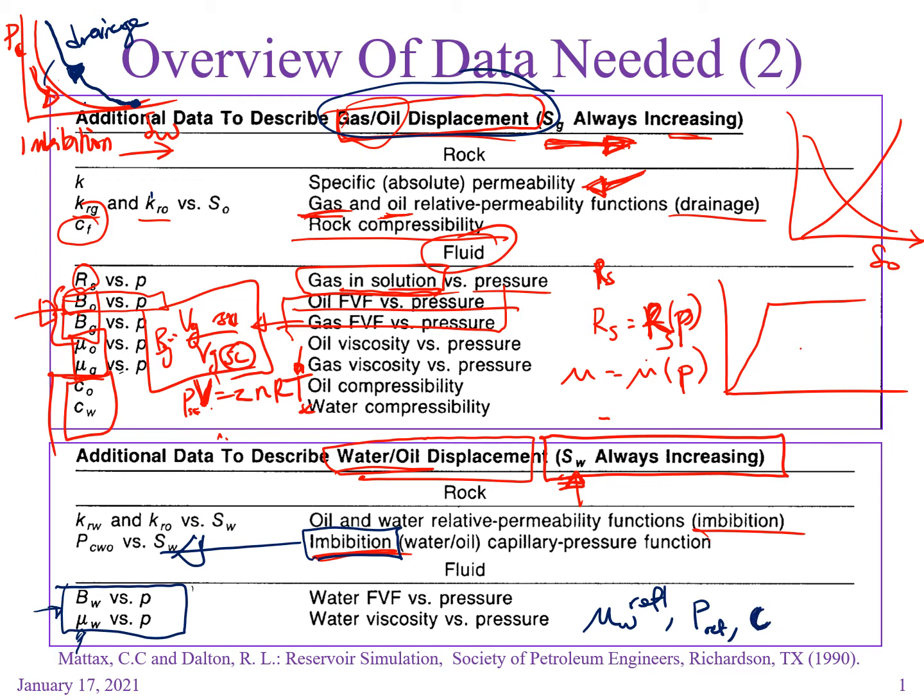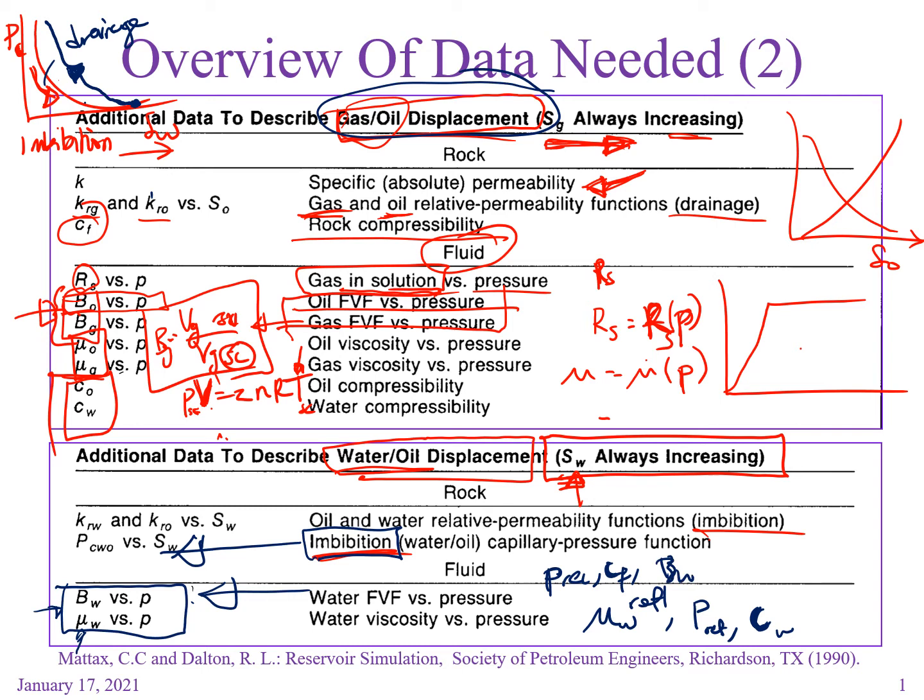And the compressibility, that's going to be used in that function. Same for this. This will be a function of the reference pressure, the fluid compressibility, and what else? And BW at a reference condition.